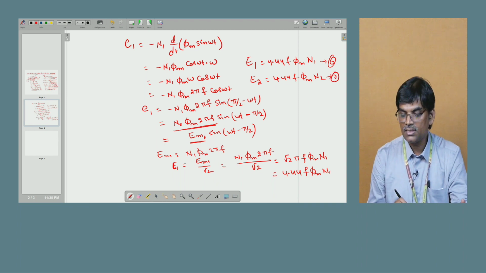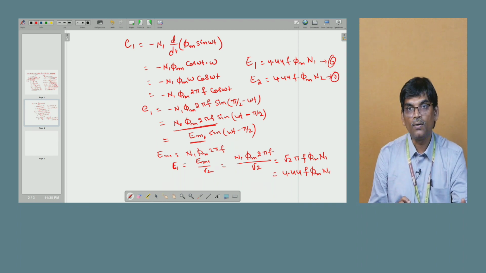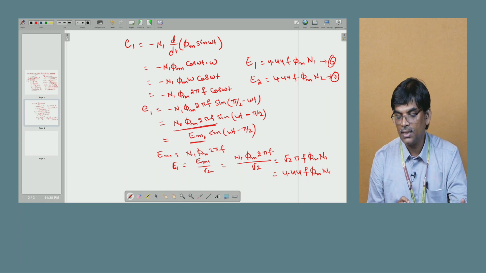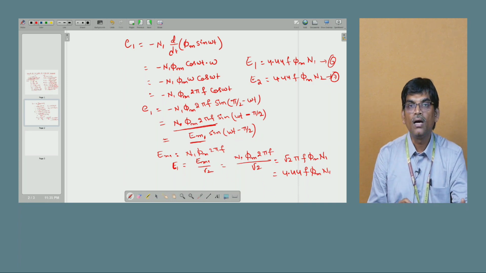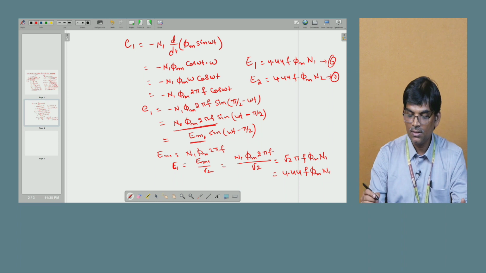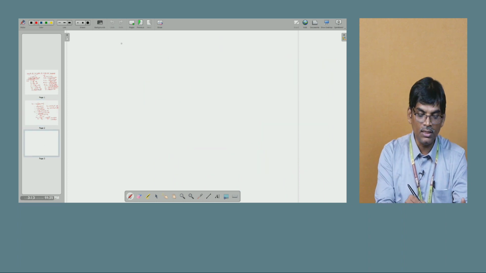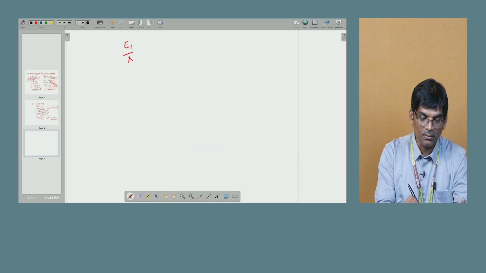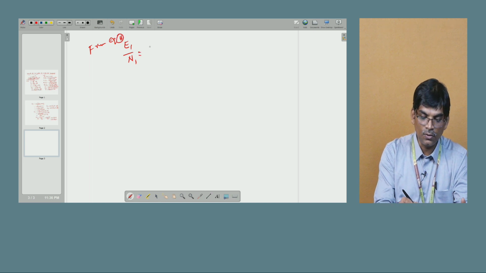From equations 6 and 7 we observe the per turn voltage. From equation 6, E1 by N1 is equal to 4.44 frequency and magnetic flux.